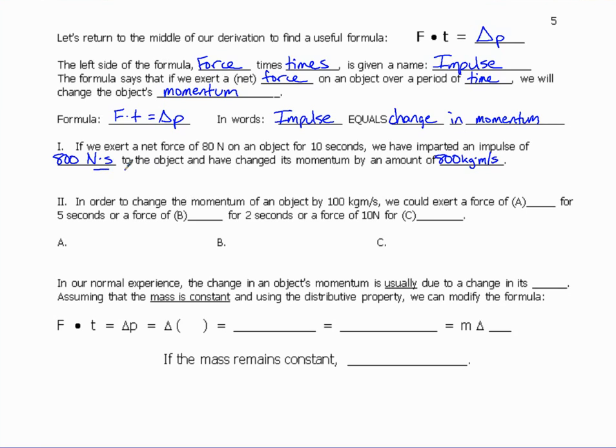If you look at these units, 1 newton times second equals 1 kilogram times meters per second.